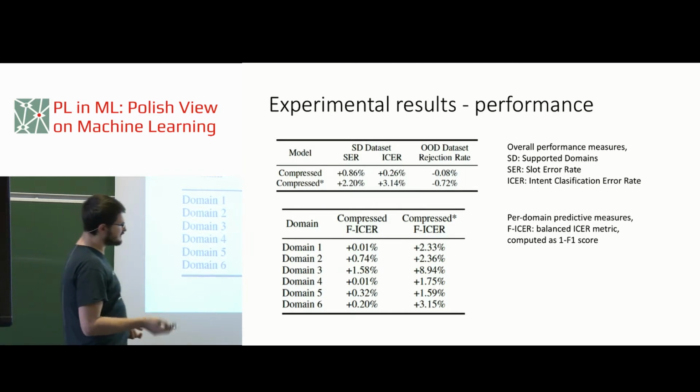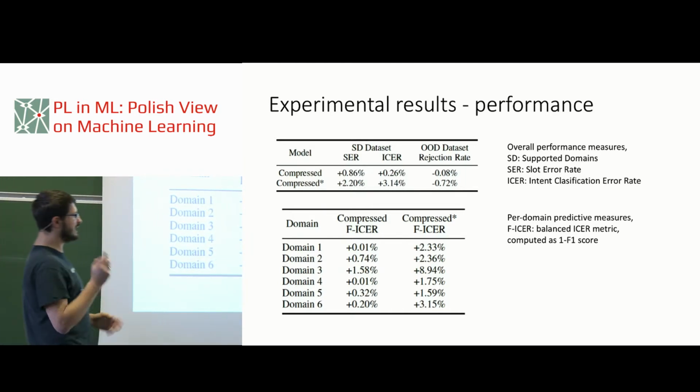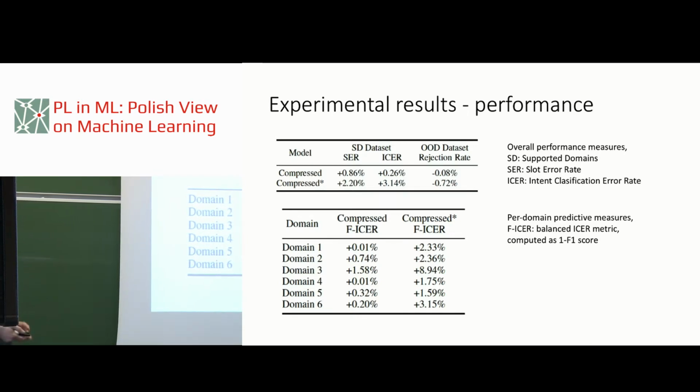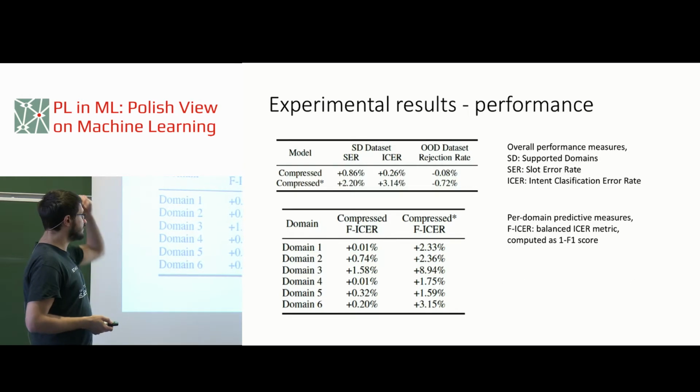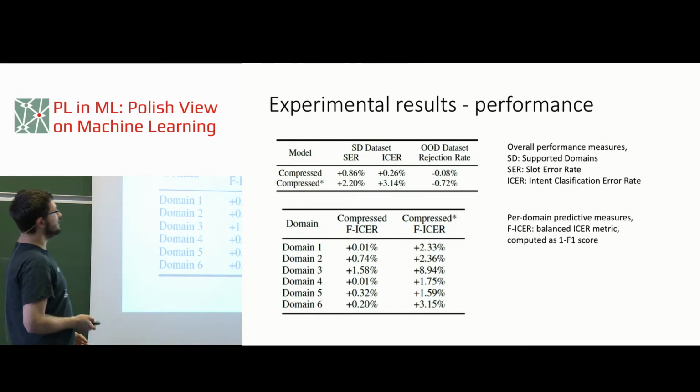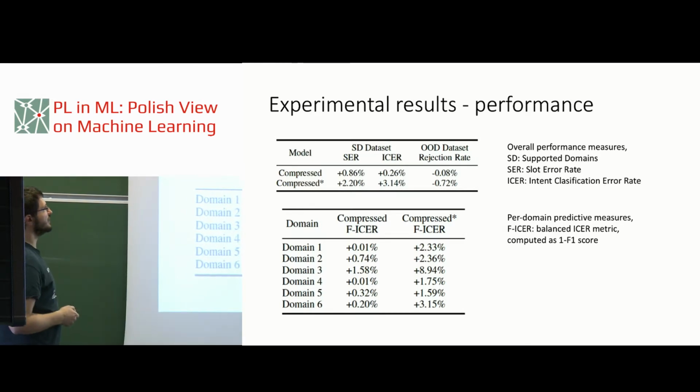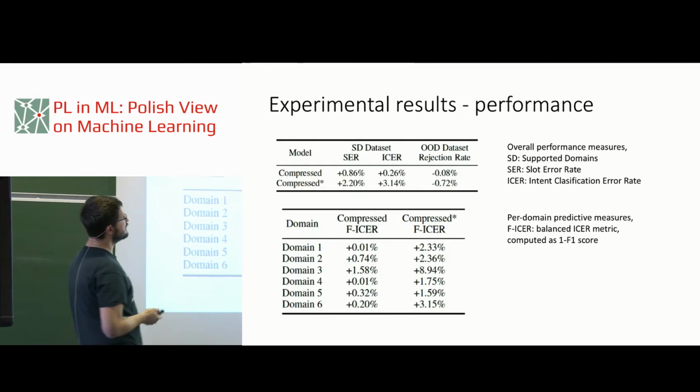Now, if we didn't do fingerprinting, which is essentially allowing our false positives to go wild, this jumps much bigger, so you achieve around 2% error rate increase, 3% on the intent classification. It still performs better on out-of-domain rejection, which is interesting.